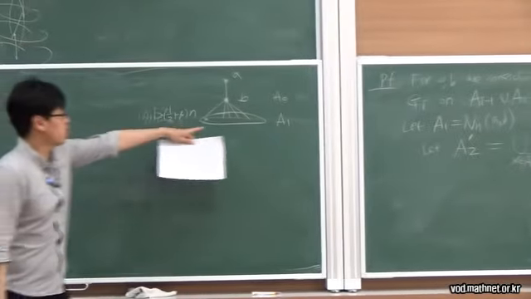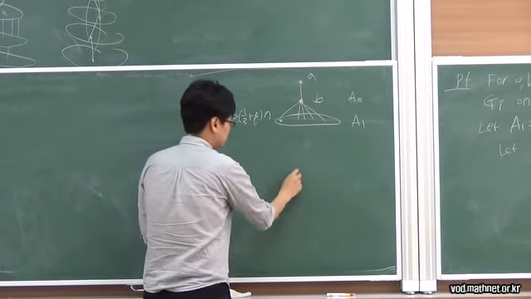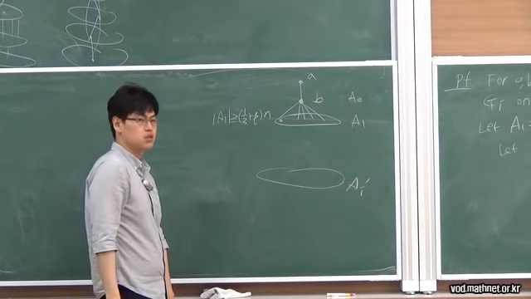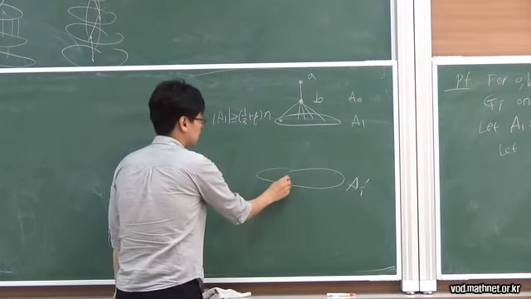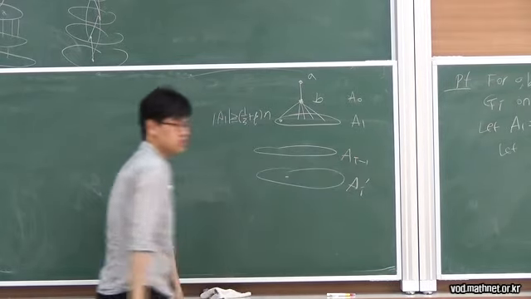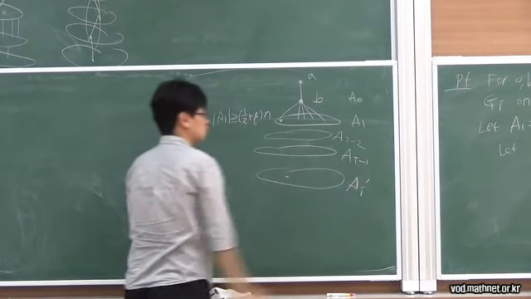So how we will build A1, A2, A3 is we will first build, say, A_i prime, so let's say A_{i-1} and A_{i-2}.